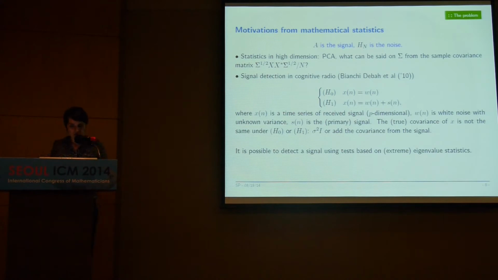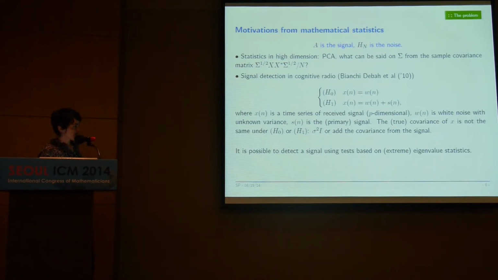Okay. A second motivation comes from mathematical statistics and questions in more applied domains. So instead of seeing A as deformation, we can see A as the signal, and the standard matrix is then the noise.